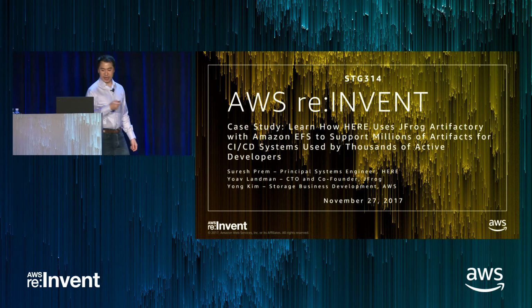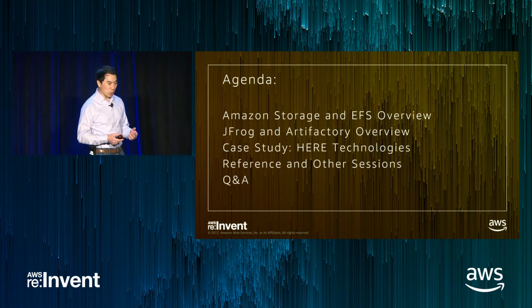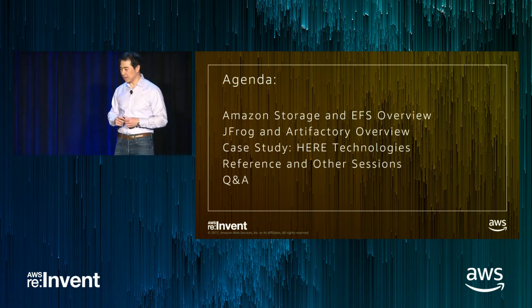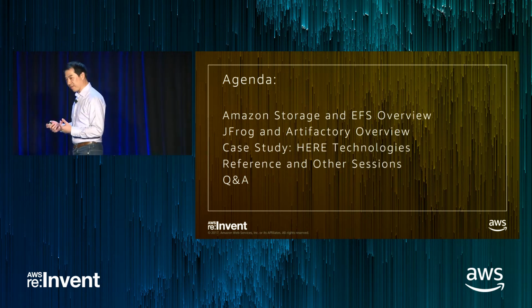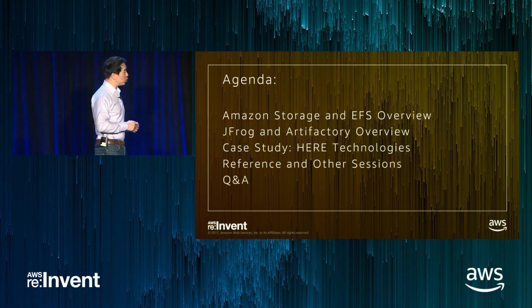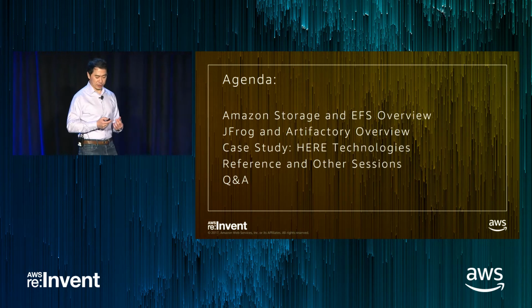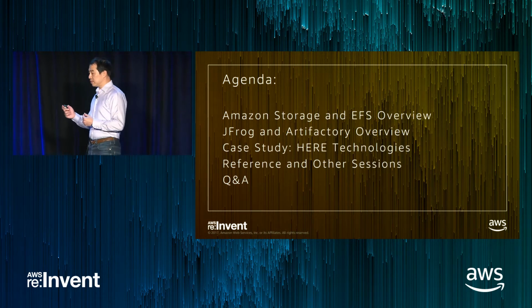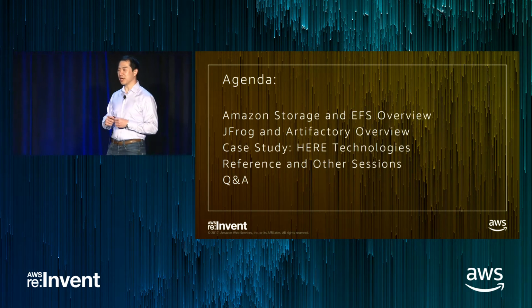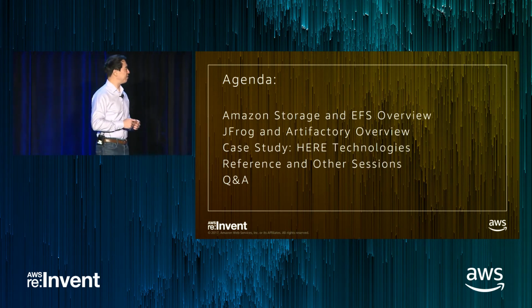What we have planned for you today is a brief overview of storage at AWS, then a brief overview of EFS, Amazon Elastic File System. Then I'll turn the floor over to Yoav to go through an overview of JFrog and Artifactory. And then we'll move on to Suresh to share their journey with both Artifactory and EFS.